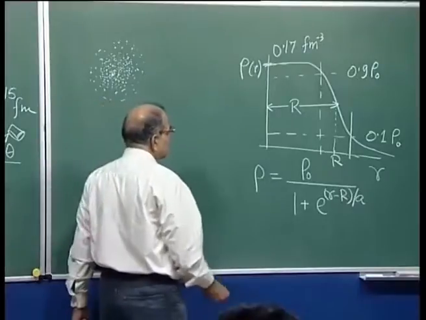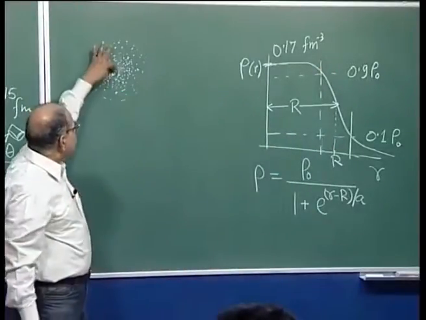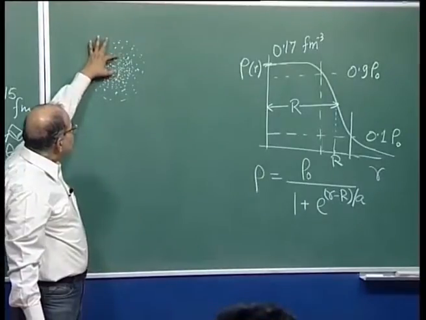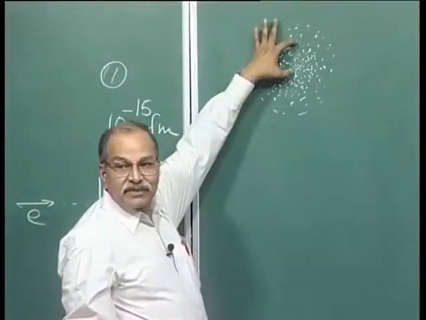Now, let us calculate this value, 0.9 of rho naught. From the center, at what distance does this density fall to 90% of it?